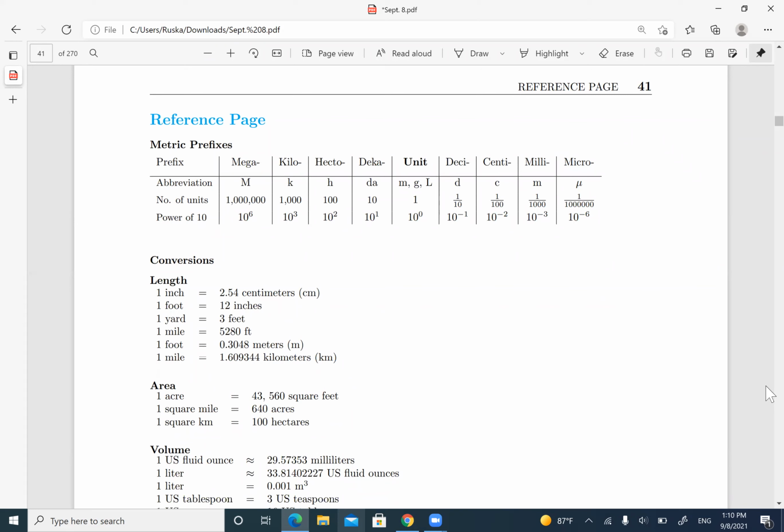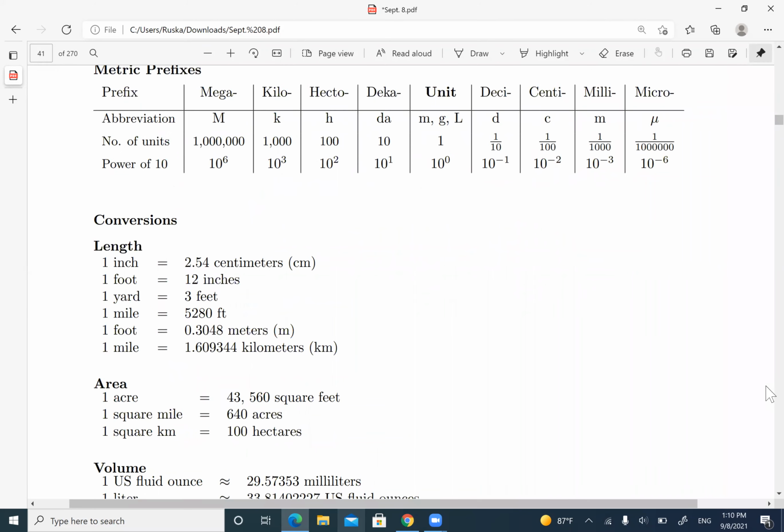Any ideas? We have meter. From meter, you can go to centimeter, right? And then foot. You have it right here, actually. Can you guys see that? Meter to foot.